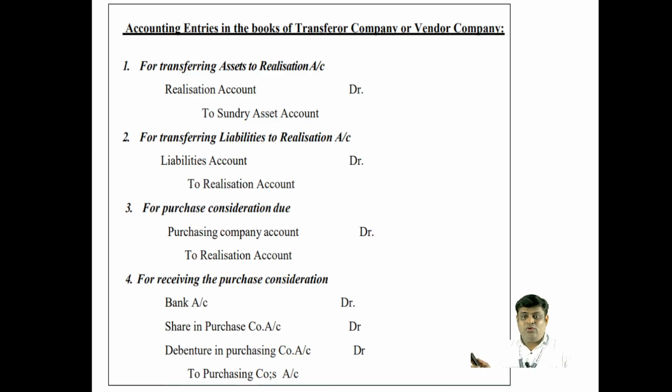Very simple. I have to debit those liabilities. Then from the balance sheet of the vendor company, those liabilities will be removed. So in this entry, the liabilities account is debited and the realization account is credited. The realization account holds the liabilities, that's why it is credited, and as the assets are transferred to the realization account, that's why the realization account is debited.